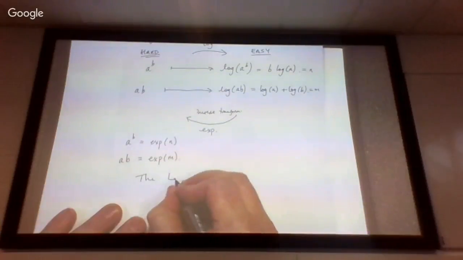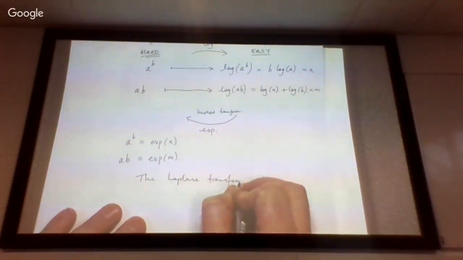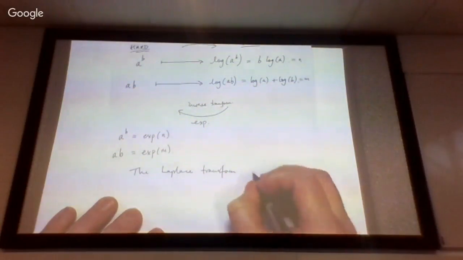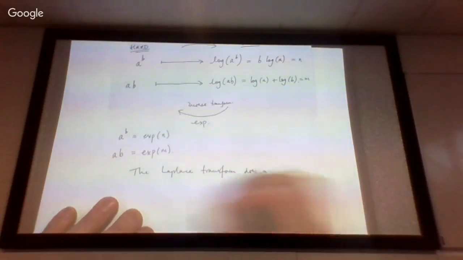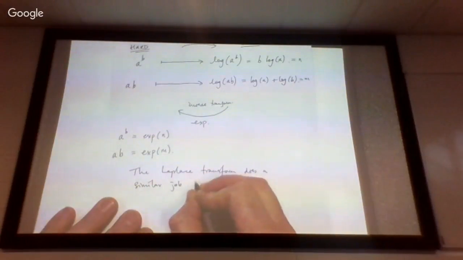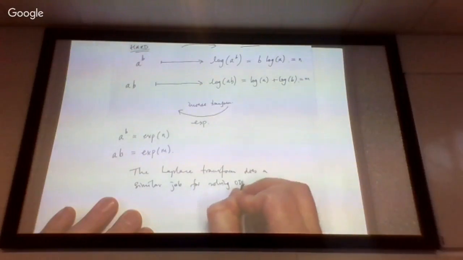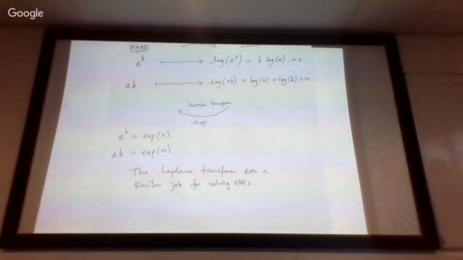So the Laplace transform, whatever it is, we haven't said anything about what it is yet, does a similar job for solving certain types of ODEs. Those linear ODEs with constant coefficients.